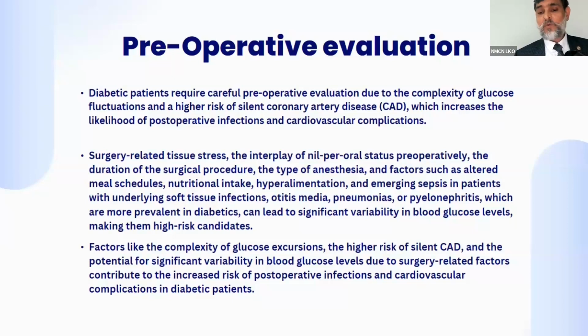Factors like complexity of glucose excursion, high risk of silent coronary artery disease, and the potential for significant variability in blood glucose levels due to surgery-related factors contribute to the increased risk of postoperative infections and cardiovascular complications in diabetic patients.